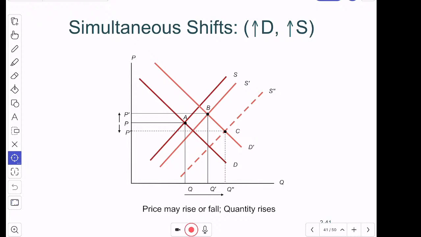Let's look first. Demand increased because of any of the variables that we considered. Let's say this is our original demand curve, and this is the demand for beans.